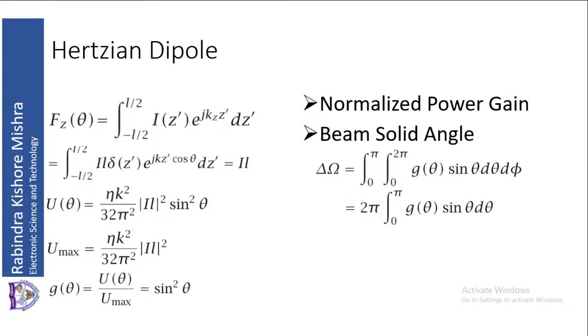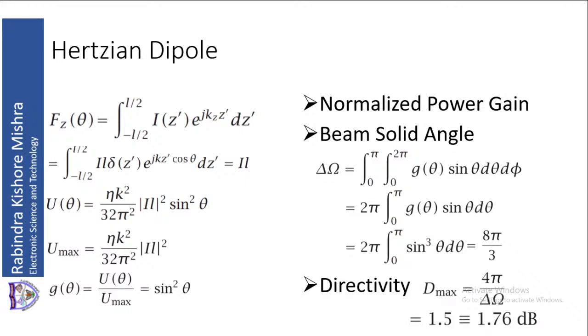So the integration of d phi from 0 to 2 pi will give us 2 pi, which comes outside. Inside will be the integral from 0 to pi of G theta sin theta d theta. G theta is equal to sin square theta for a Hertzian dipole, so that gives sin cube theta d theta integrated from 0 to pi. You can do that easily, and it will give us 8 pi by 3.